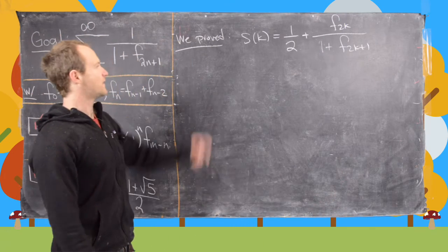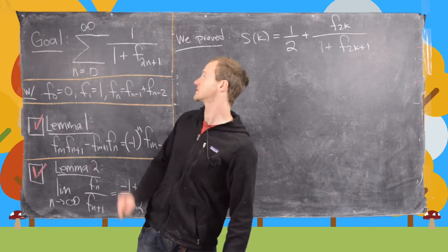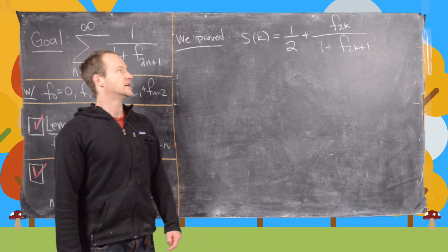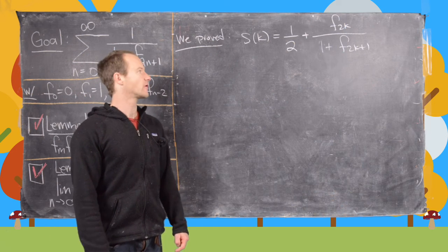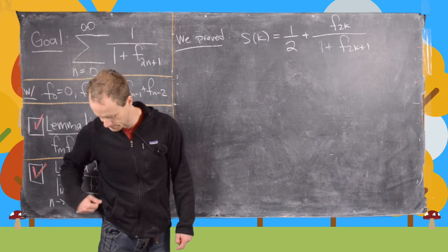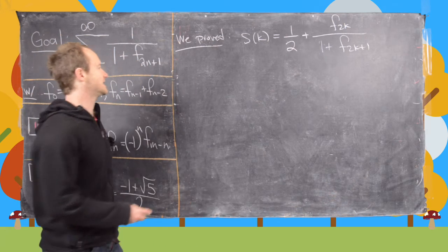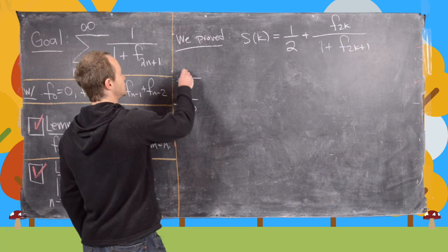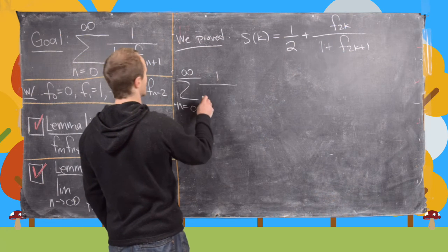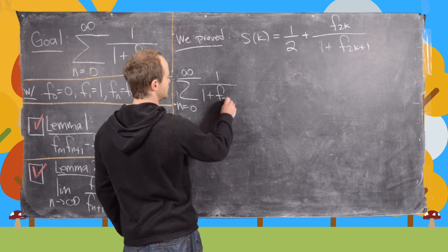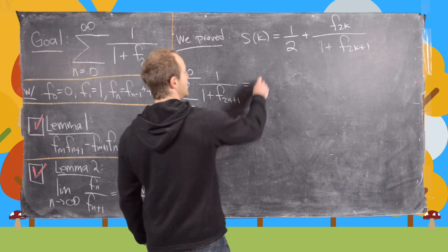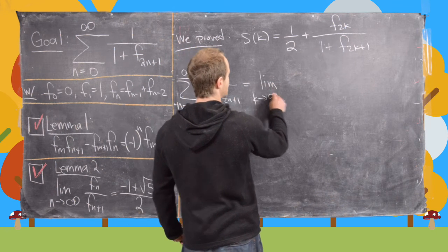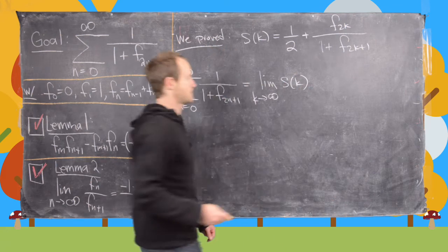Okay, so we proved the following. Our kth partial sum of this infinite series was half plus f sub 2k plus 2 over 1 plus f sub 2k plus 1. Okay, good. So now we're ready to take it home. Our goal, which is the sum n equals 0 to infinity of 1 over 1 plus f sub 2n plus 1, equals the limit as k goes to infinity of s of k.